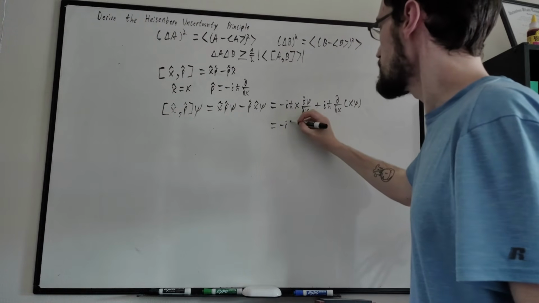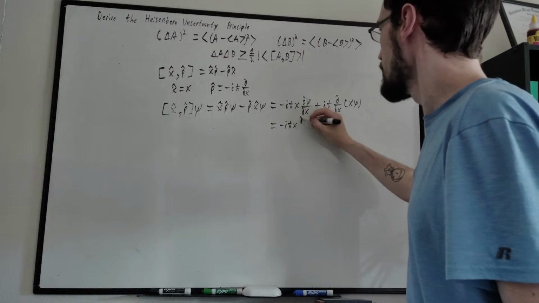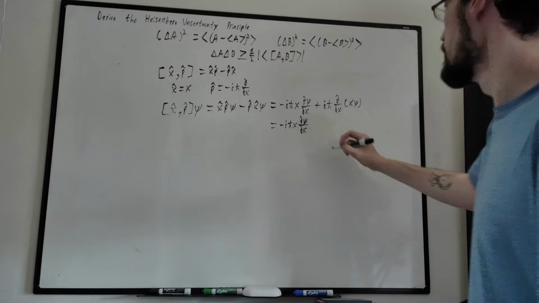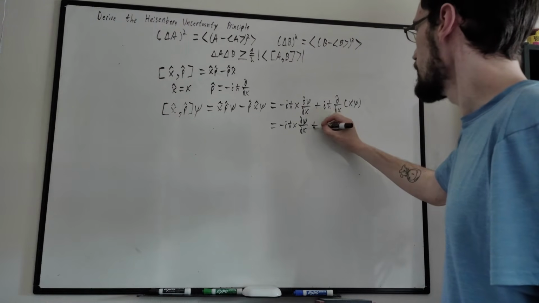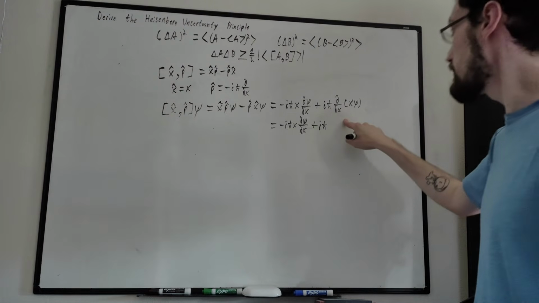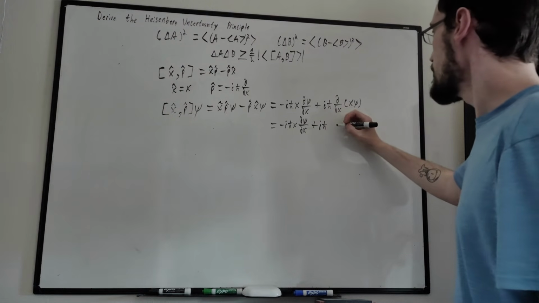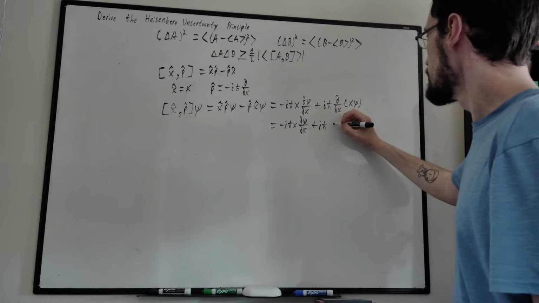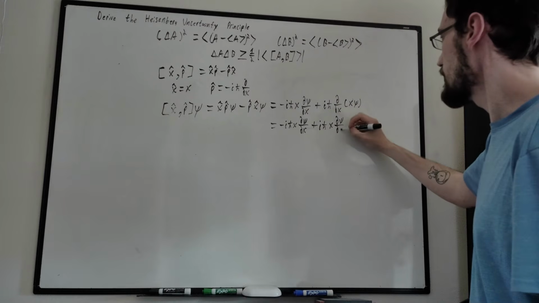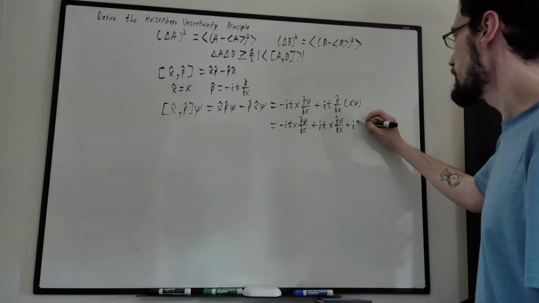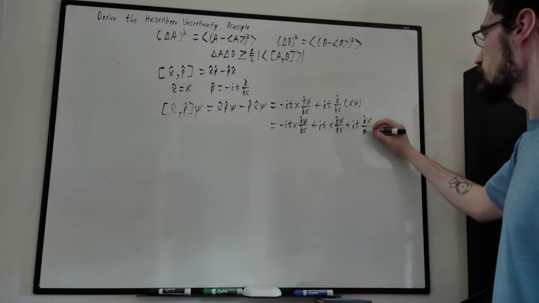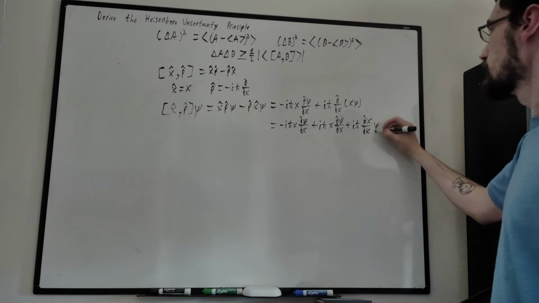Well, we get negative i times h bar times x with the partial derivative of psi with respect to x, plus i times h bar. Now the product rule tells us that we can just put an x right here and then take the partial derivative of psi with respect to x, plus i times h bar, the partial derivative of x with respect to x times psi.